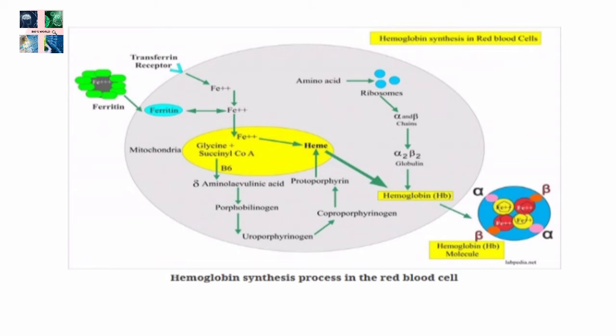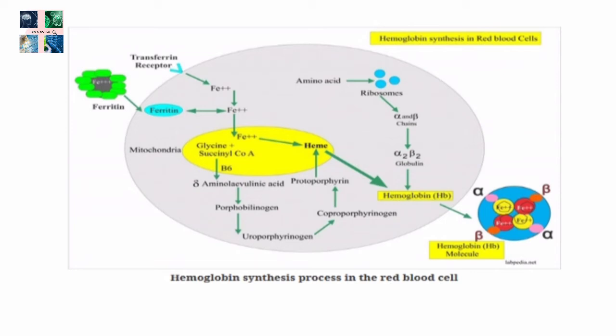After that, the seventh step occurs when protoporphyrinogen oxidase converts protoporphyrinogen 9 to protoporphyrin 9. And then the eighth and final step of heme synthesis is the addition of iron to protoporphyrin 9 by ferrochelatase, which produces a heme molecule.